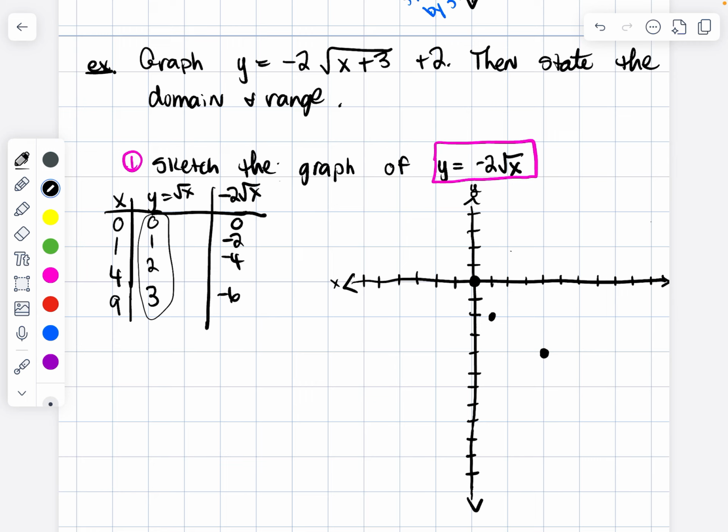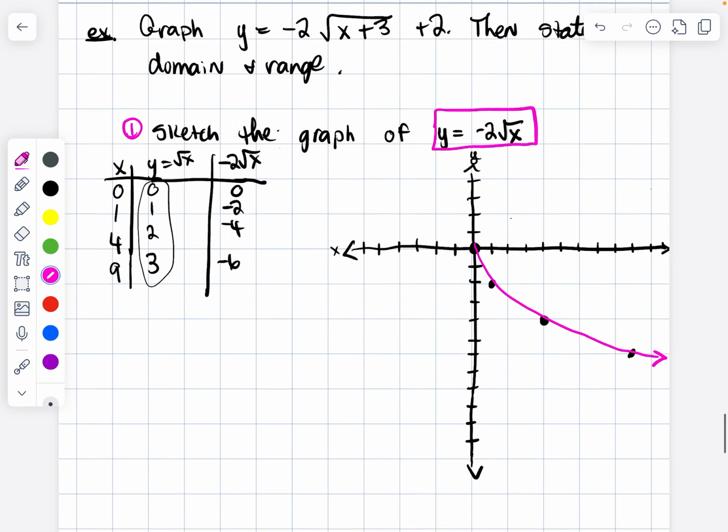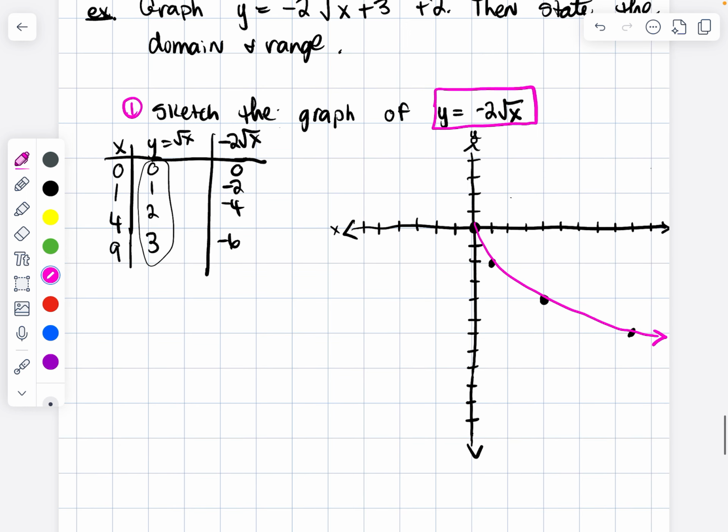And then 9, -6. All right. And so there we have it. That's our graph.